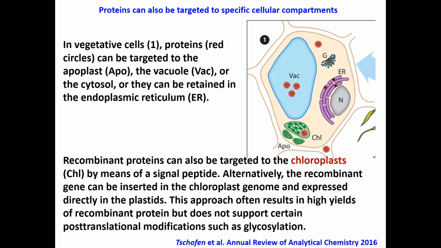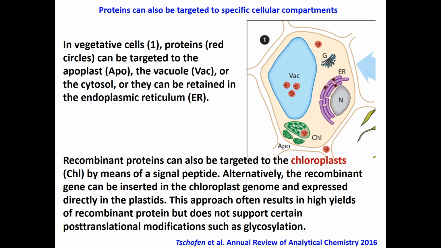You can express 2 or 3 proteins together in the same cell, but localized in different tissues. When you extract, all three can come together, and then in the downstream process you can separate all 3 proteins. This is also one of the main advantages for producing high value biomolecules in plant systems.